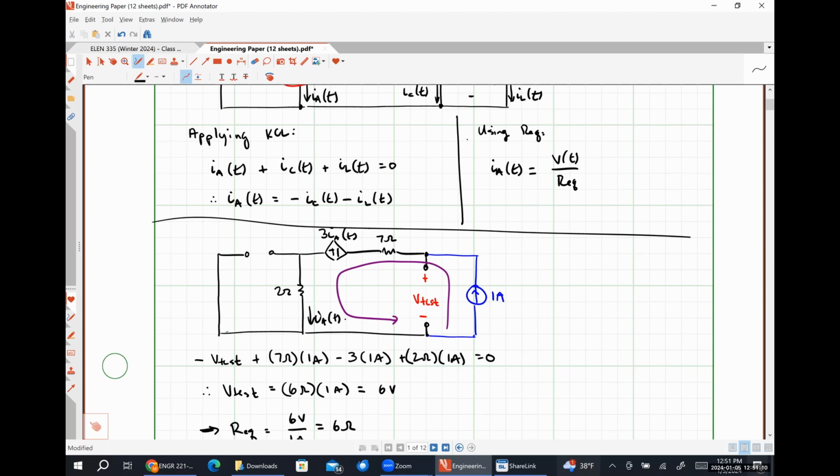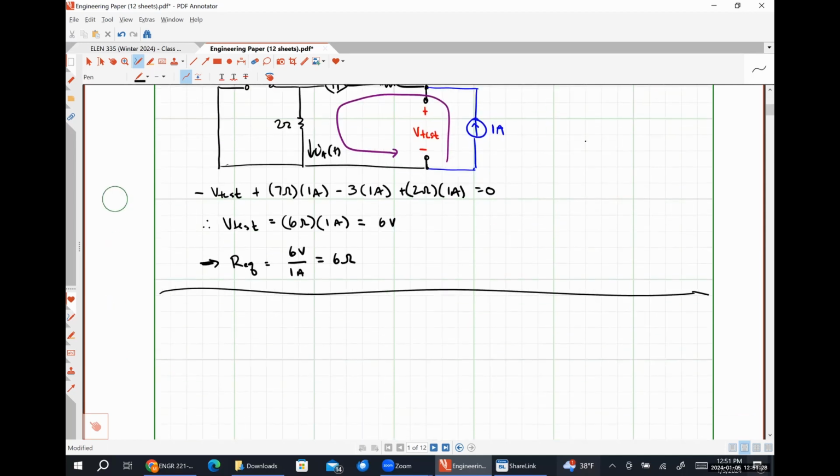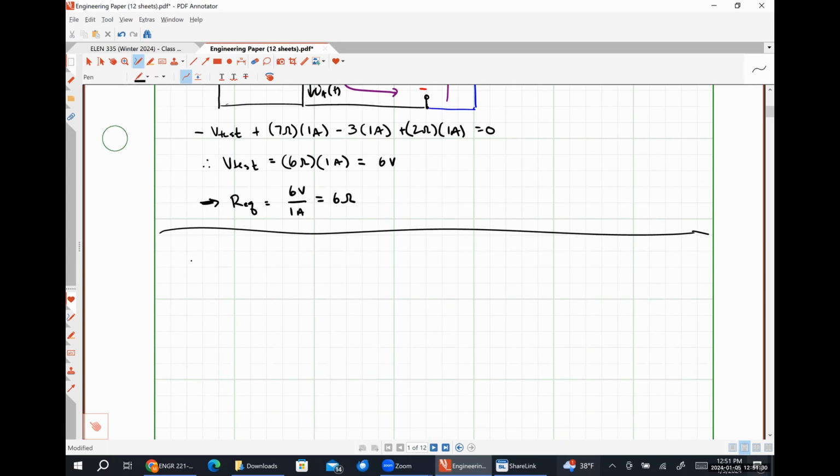Since we're solving for voltage, let's make our lives a little bit easier and consider this voltage to be a capacitor voltage. We could just as easily assume it to be an inductor voltage, and we'll wind up getting the same results, and I can prove that if you want me to in a moment. But let's say that V of t is where we get our first equation from.